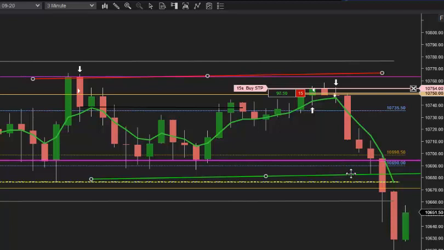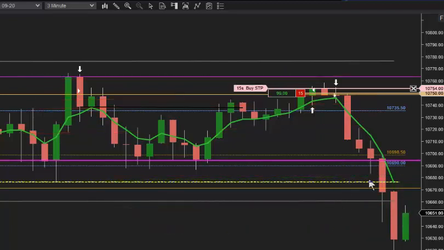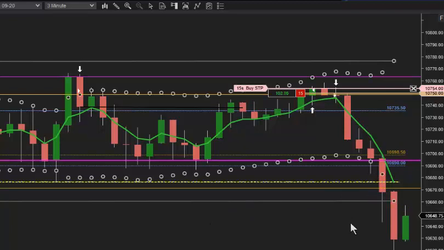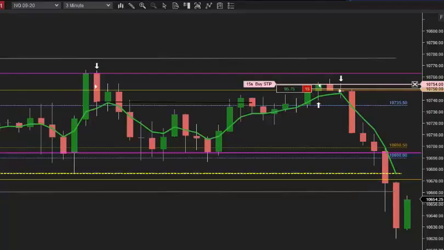I'm going to go ahead and get rid of this for now. It's broken below the open, the overnight range, and here's where you need to be thoughtful. It's broken beyond the regression channel, 60 period, 4 standard deviations.